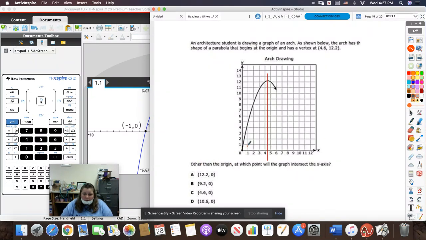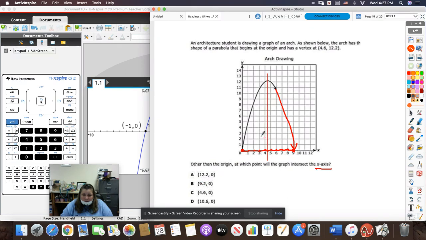Again, other than the origin, which is the first point, at which point does the graph intersect the x-axis? So where is this going to come down at? Well, I have to measure. Here's a half. 1, 2, 3, 4. So here's a half. 1, 2, 3, 4. So it's going to fall in on 9.